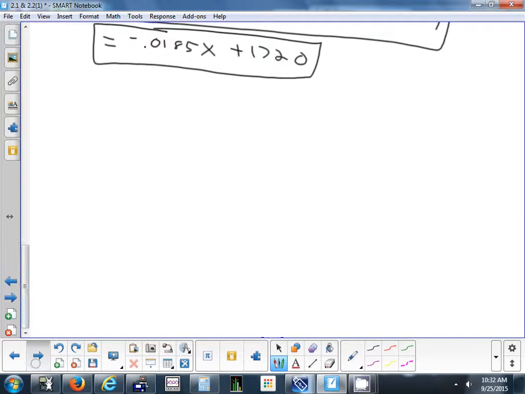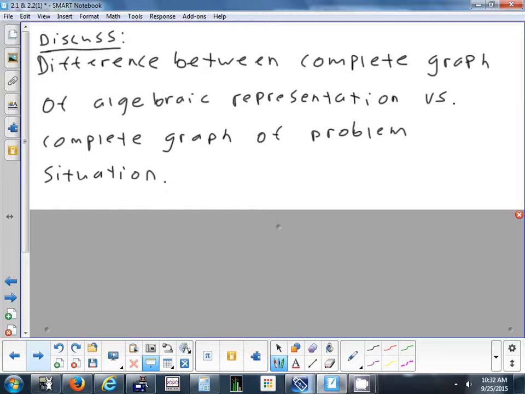All right, so what I'm trying to point out here is there's a difference between looking at an equation and graphing it in terms of just an algebraic equation without thinking about real life restrictions, versus actually considering the restrictions we need to based on our word problem.